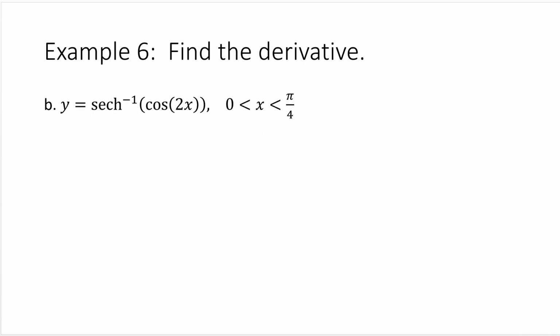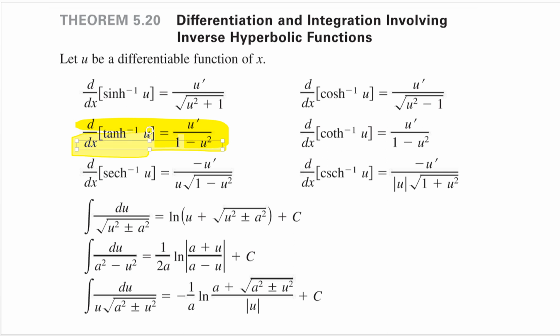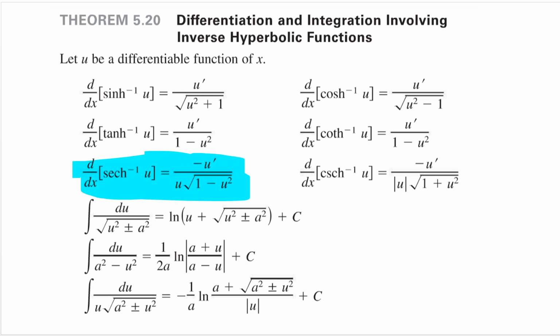All right, so another example here, finding the derivative. Here I'm taking the hyperbolic secant inverse of cosine of 2x. And as I'm looking at this, going back to my formula for the derivative of my hyperbolic secant inverse function, we can see that formula is given to us right here.